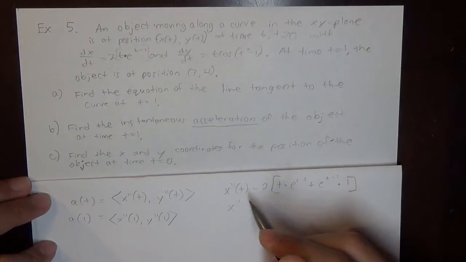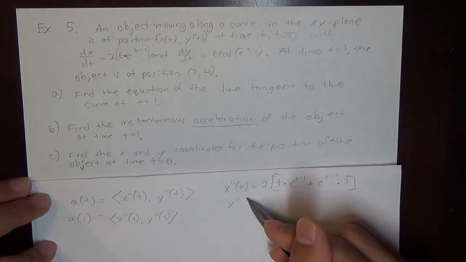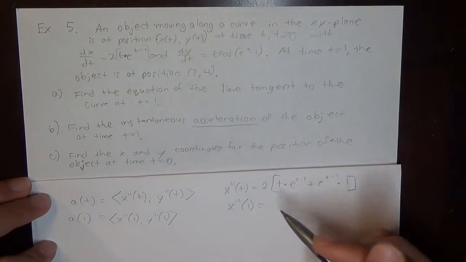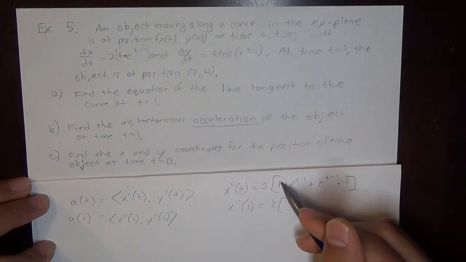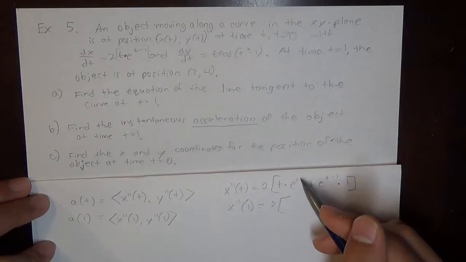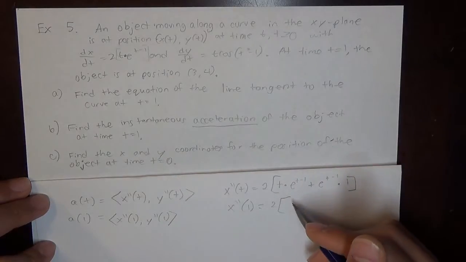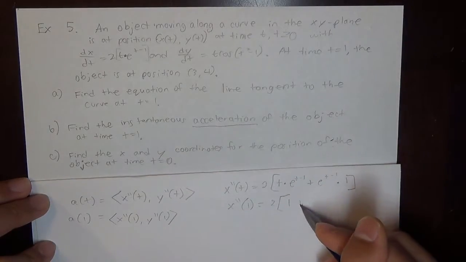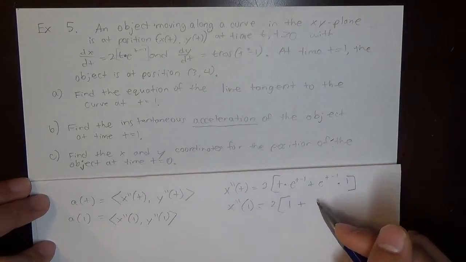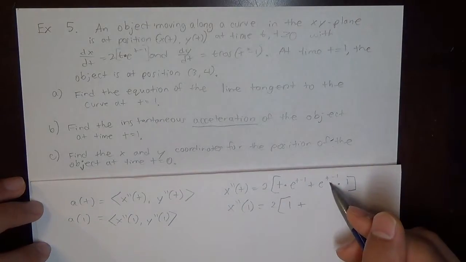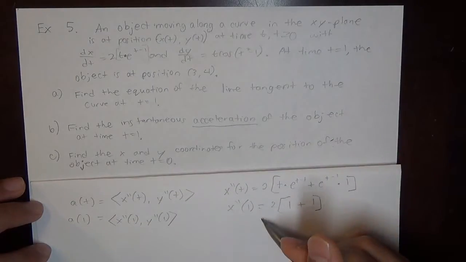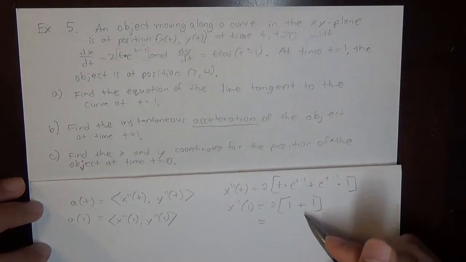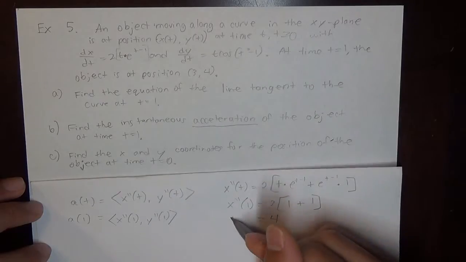I'm going to evaluate that at t equals 1. When you plug it in here, you get 1 times e to the 0, which is just 1 times 1. So 1 plus, and when you plug in 1 here, you get e to the 0, which is just 1. 1 times 1 is 1. You get 2 times 2 is 4.